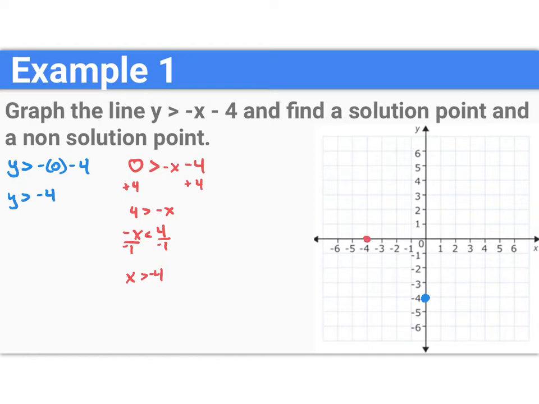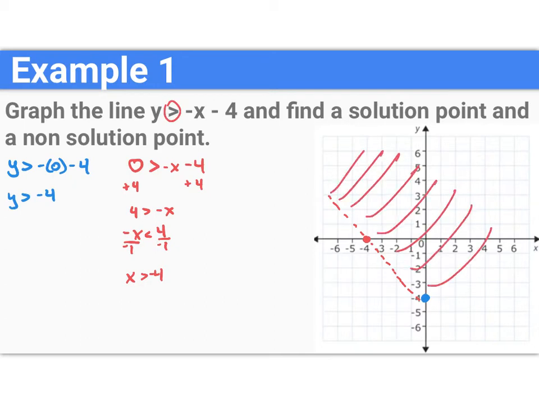Okay, so here we go. Now here's our line. It's dotted because the inequality is not underlined, so no points on this line are to be considered. Now we've got y is greater than, so that means all points above the line work.